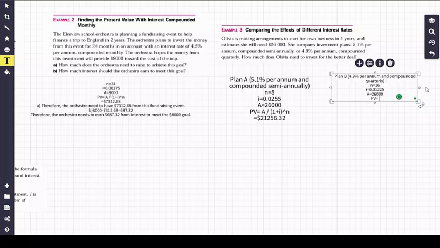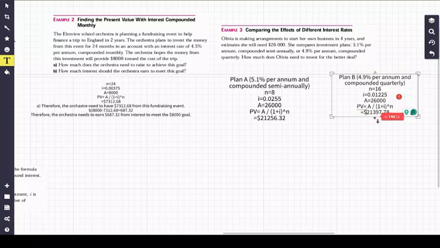So PV is going to equal A over 1 plus i to the power of n. So 1 plus i to the power of 16, and 26,000 divided by that is going to give us $21,397.78.